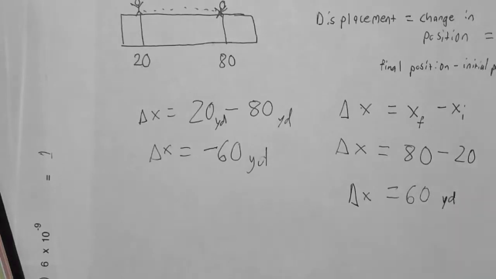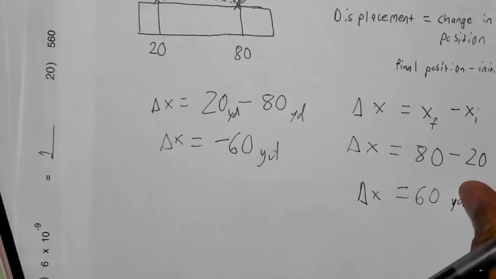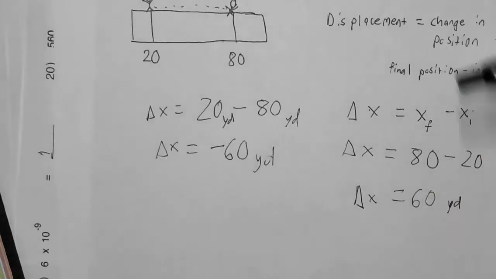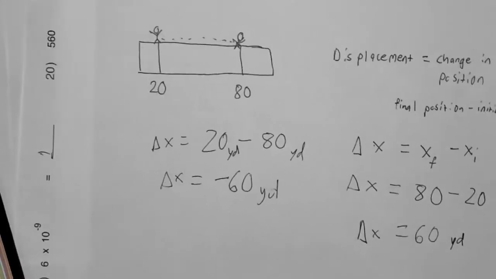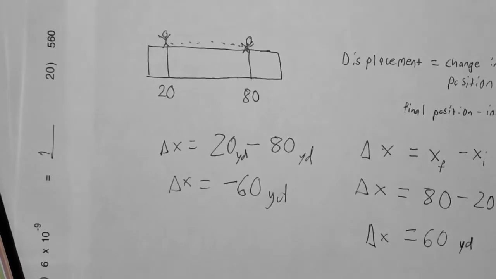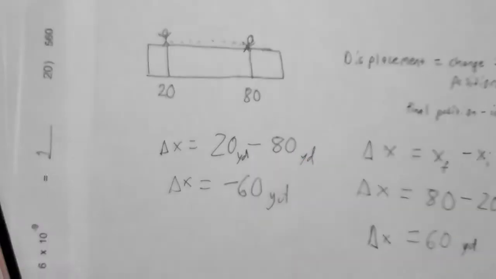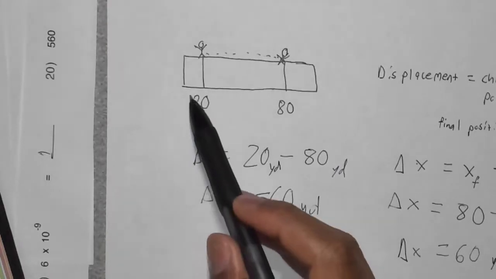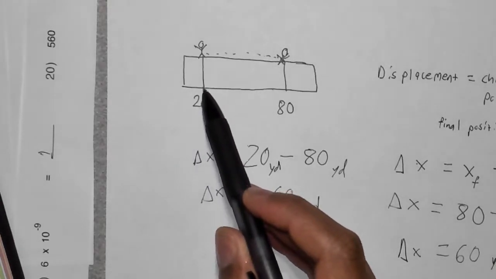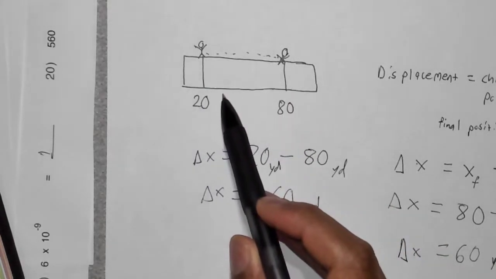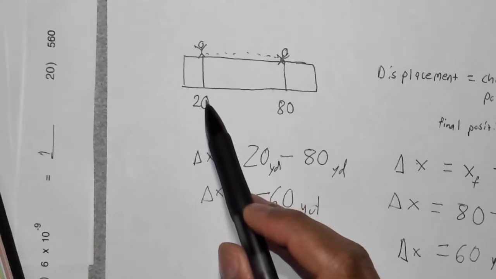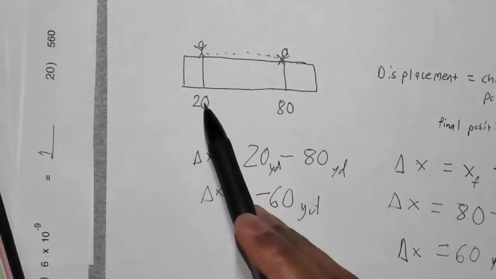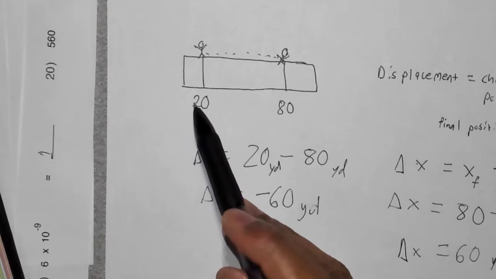We're now going to transition. Well, one other point I'll make. Displacement does not necessarily always equal distance, because if you went from the 20, then the 80, then back to the 20, you've traveled 60 both ways.